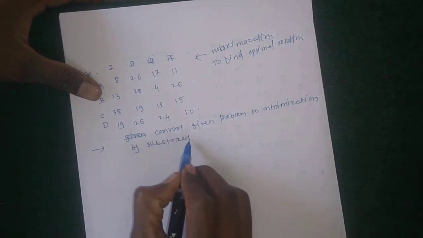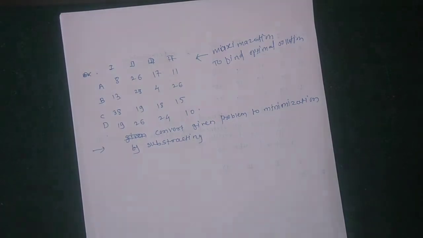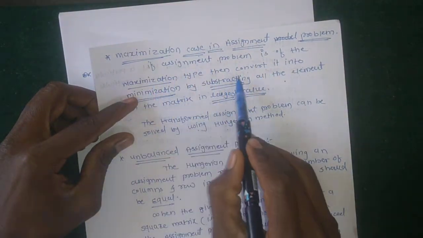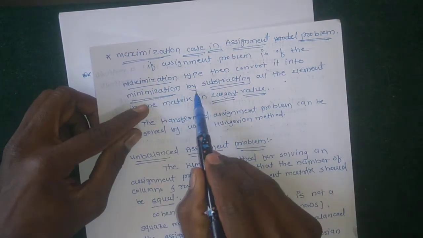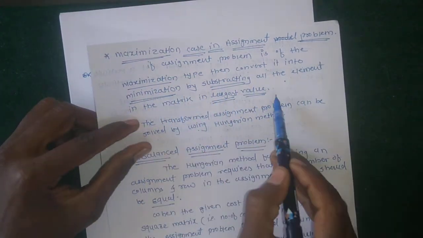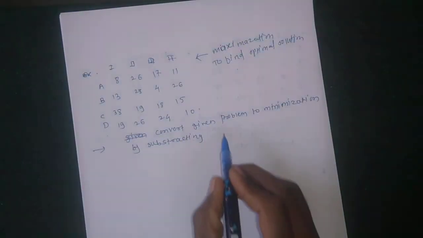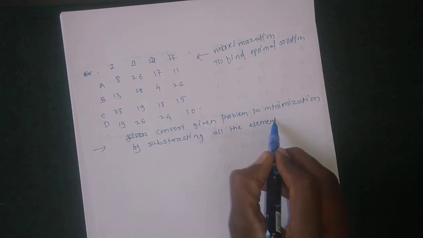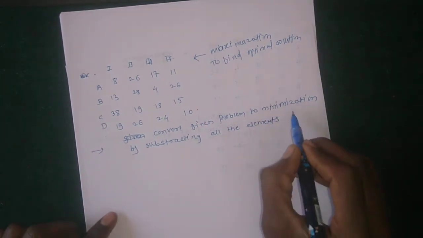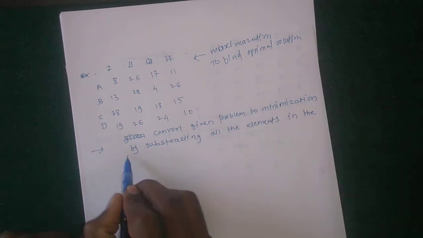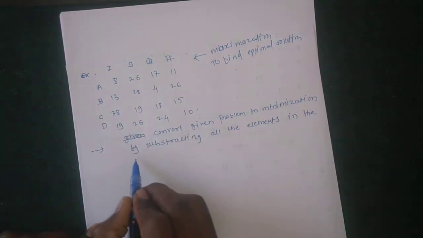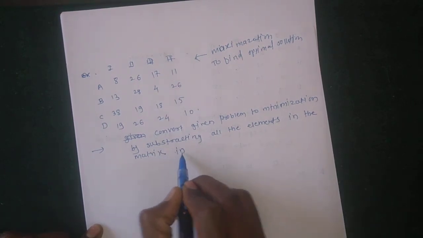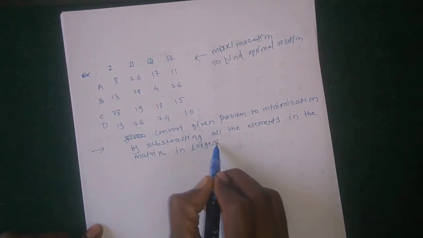How do we convert the given assignment problem to minimization? By subtracting all the elements in the matrix from the largest value. Here we need the largest value in the matrix.